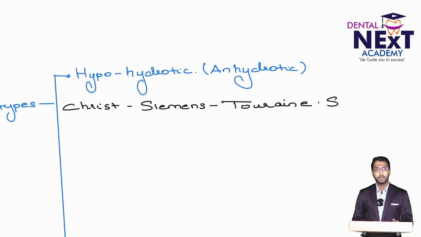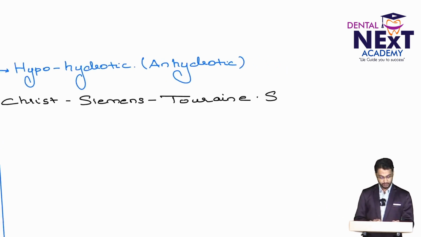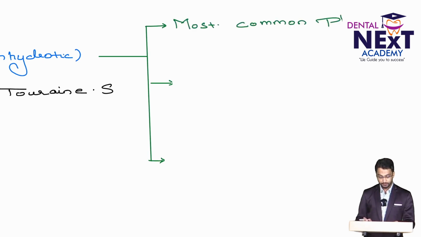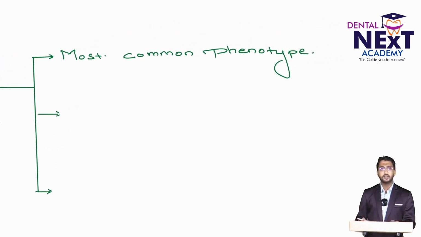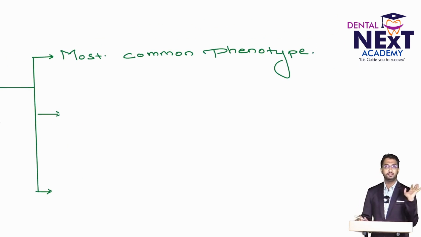So hypohidrotic and hidrotic. Hypo is the same as an. Now a few things you have to note here. The first one is the most common phenotype. We said there are two types, so this anhidrotic, the Christ-Siemens-Touraine syndrome, is the most commonly seen one.